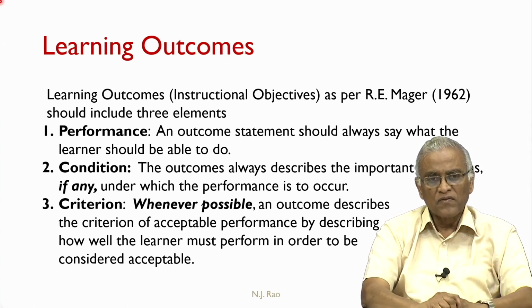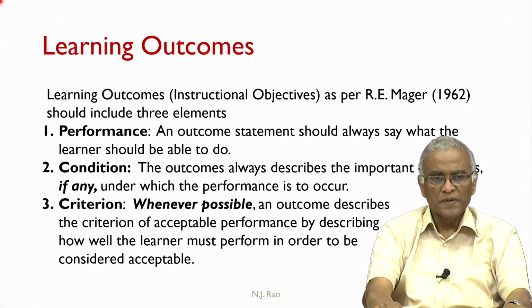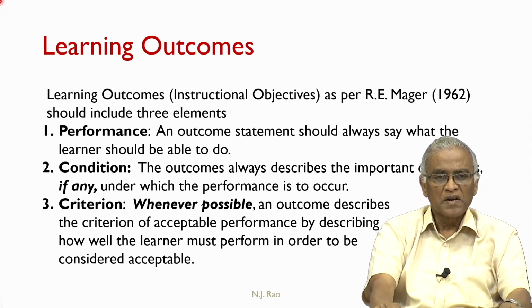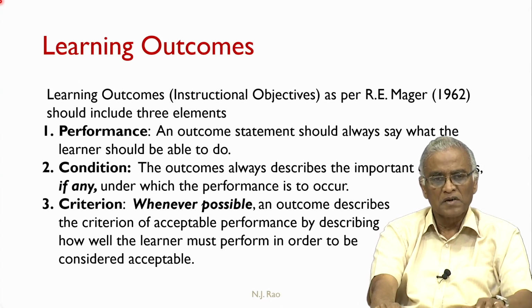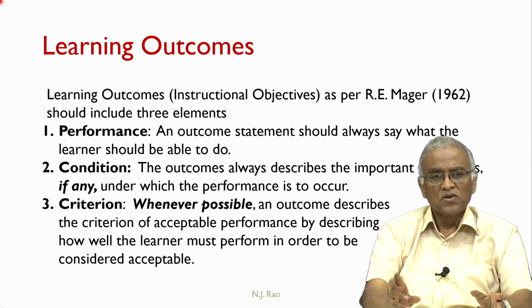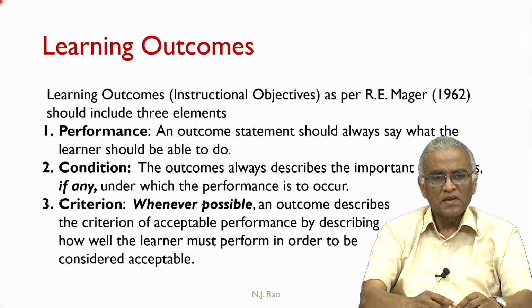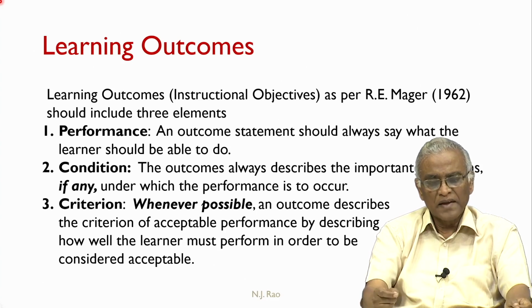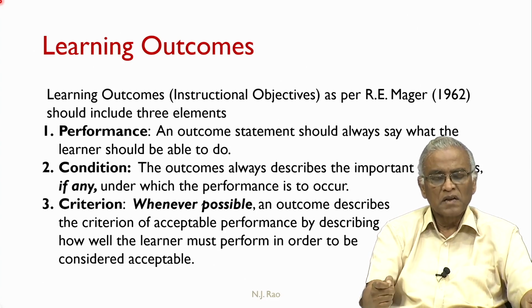Then criterion. Whenever possible an outcome describes the criterion of an acceptable performance by describing how well the learner must perform in order to be considered acceptable. For this performance to be acceptable, you define some criteria. That means you should be able to measure, using vernier calipers, the length of a given object within, let us say, 0.1 millimeter.